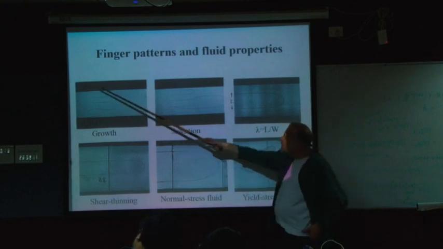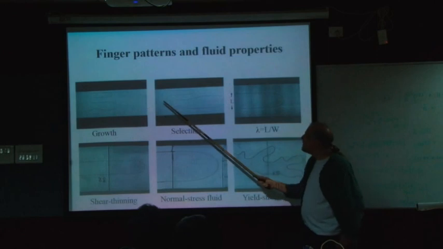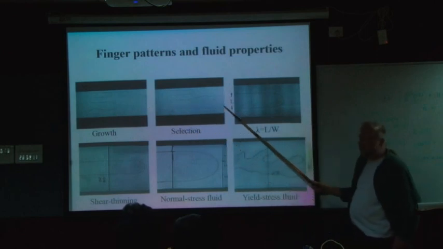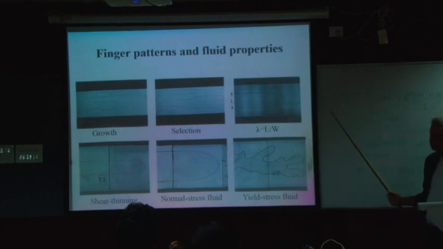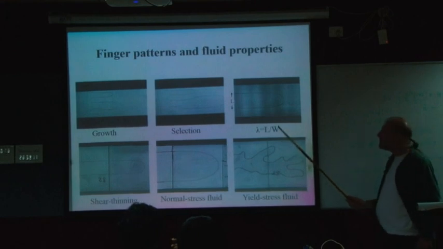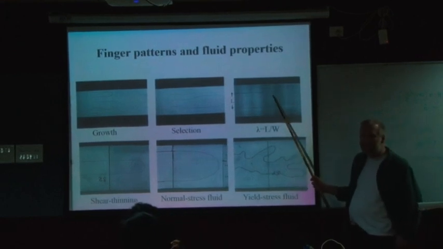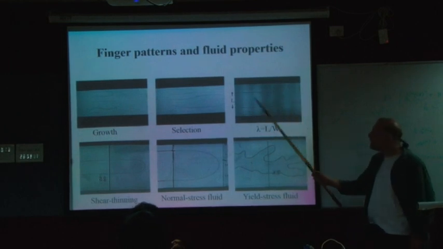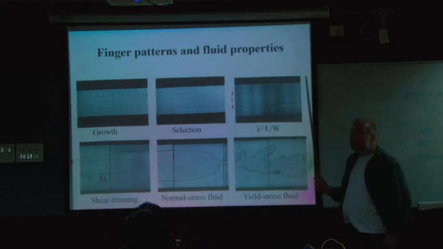So what you see is, if you start from a flat interface, you destabilize this interface, you get competition between fingers, and then you have one that outgrows all the others, and in the end, you have one single finger growing in the channel. This is called the Saffman-Taylor finger, a classical problem in fluid mechanics. So Saffman and Taylor, the paper is from 1957 or something like that. It's one of the classic papers in interfacial pattern formation. Now this happens in Newtonian fluids.